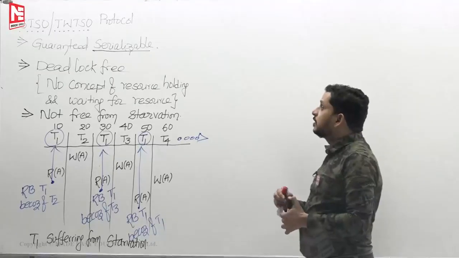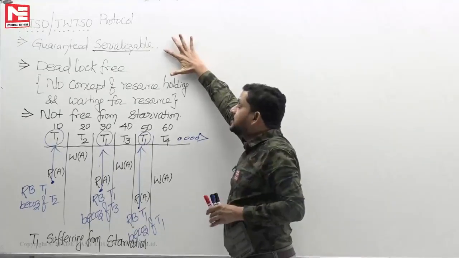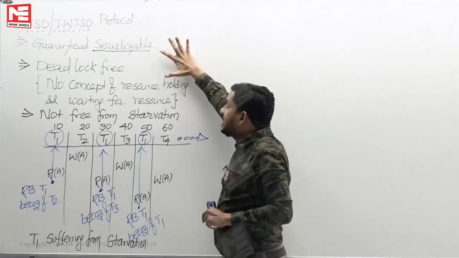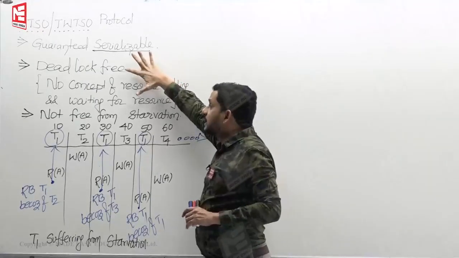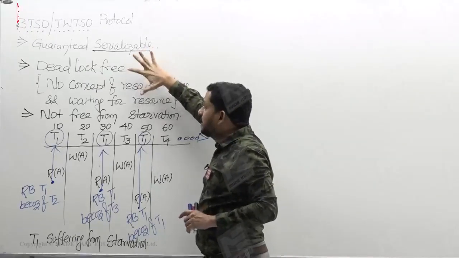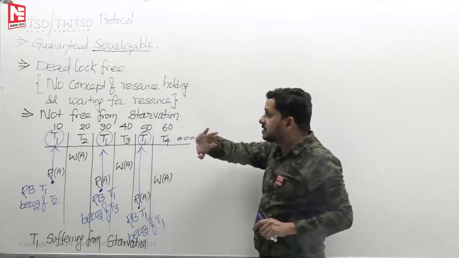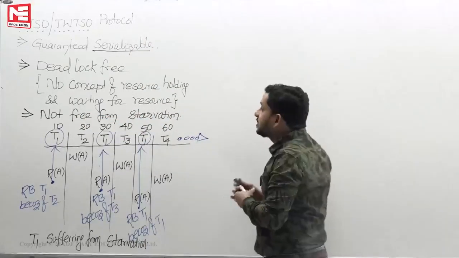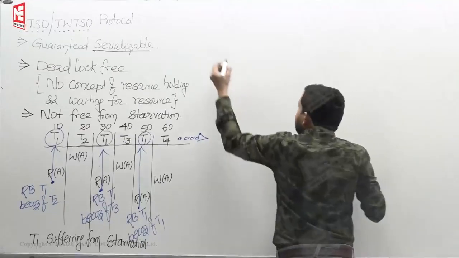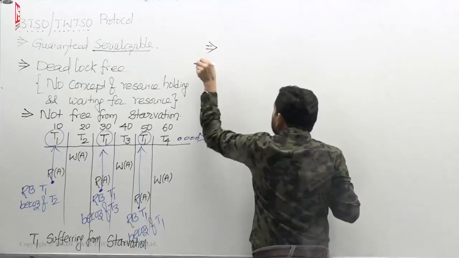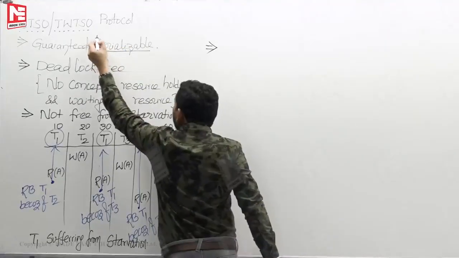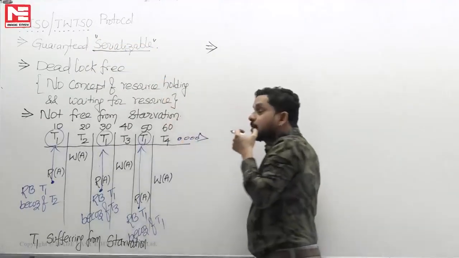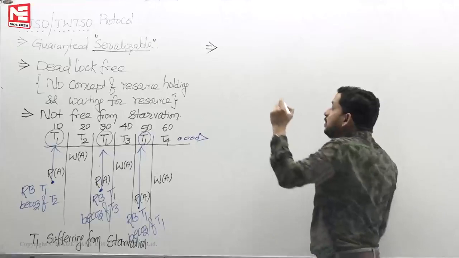So the basic timestamp ordering and Thomas write rule timestamp ordering guarantee serializability and are free from deadlocks, but both protocols may not be free from starvation. Next important thing: these two protocols guarantee only serializability, but we also need strict recoverability.